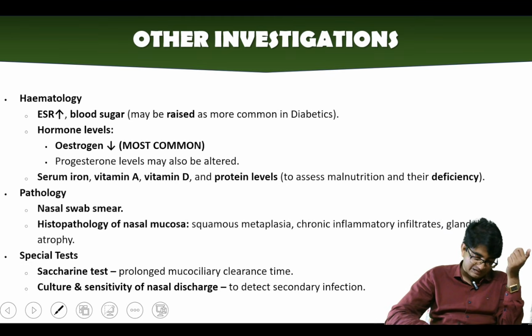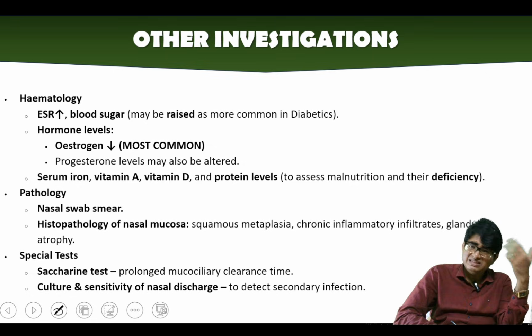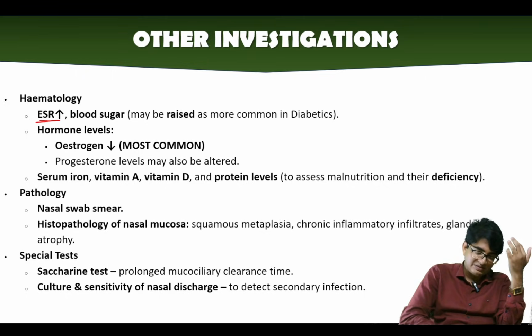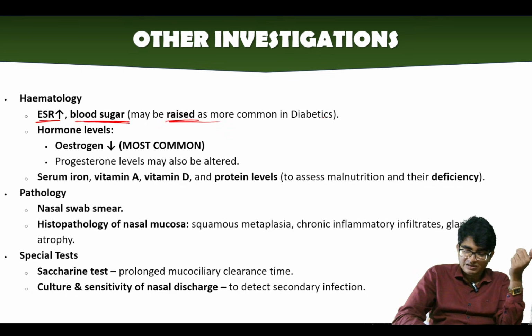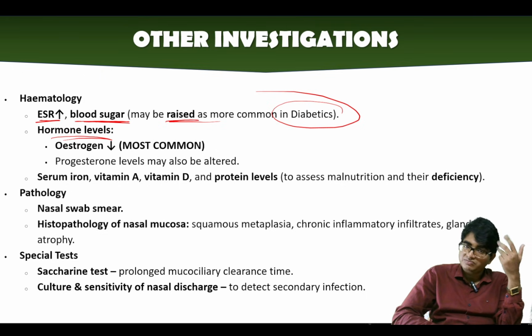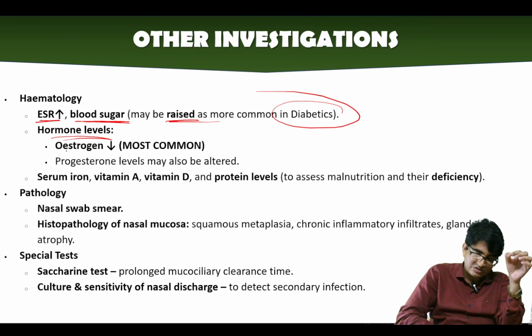In the other investigations, firstly, hematological investigations. This is an infection, so of course there will be increased ESR levels. Even the blood sugar may be raised because it is common in diabetics. Next, hormonal levels have to be checked. Okay. In a female patient, estrogen will be decreased.